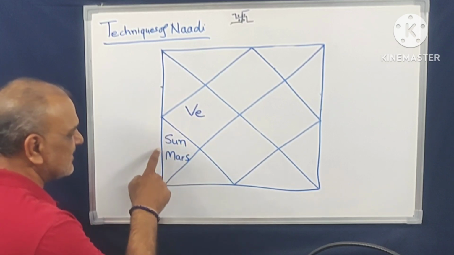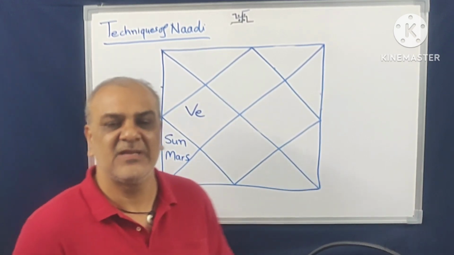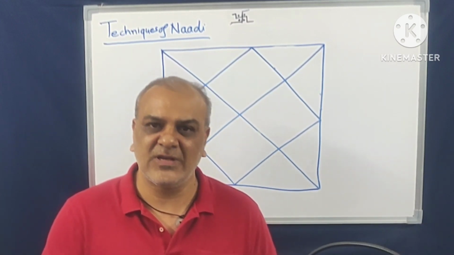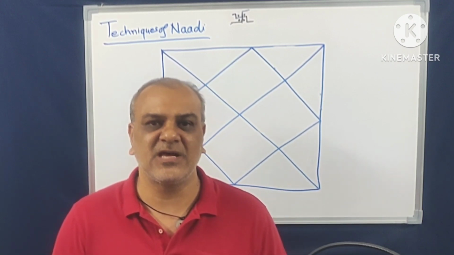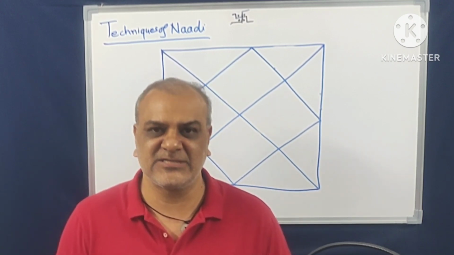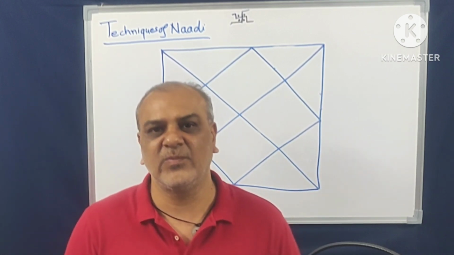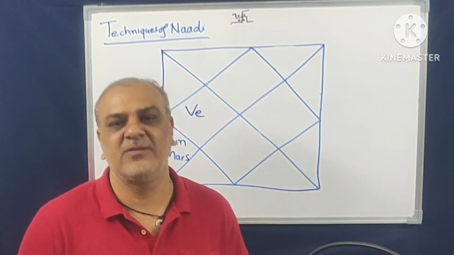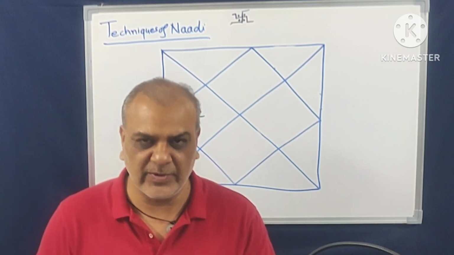If Venus has Sun and Mars together in the second house from it, that means this native will fall sick, because Sun and Mars are fiery planets and Venus is the Jiva Karaka for the female body. So when fire comes in front of you, definitely you will fall sick or you will have problems.